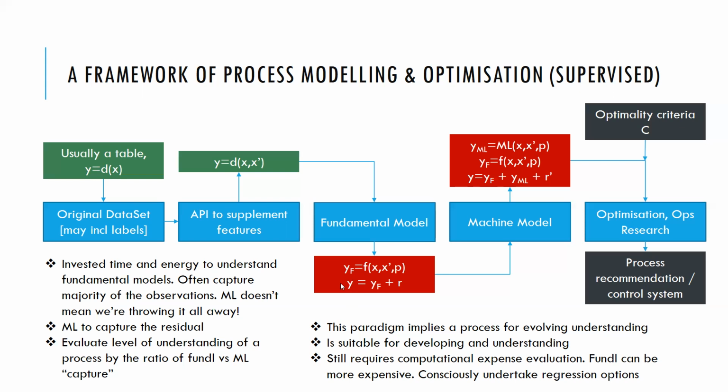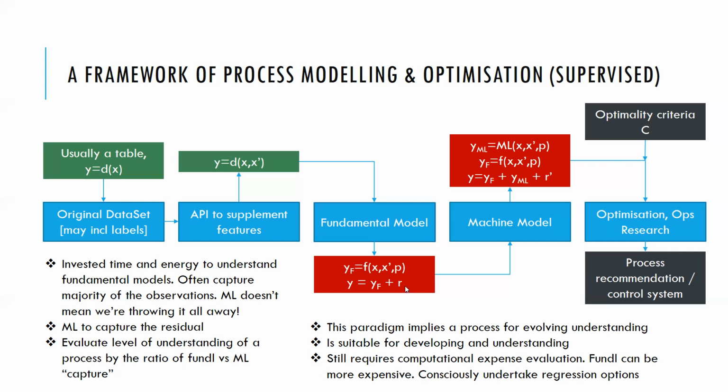So the actual value of y will be the value predicted by our fundamental model plus some residual. There's some leftover piece, some offset from what the model says, because we don't expect the fundamental model to be 100% accurate. It will be based on certain assumptions, and in places where those assumptions are not so good, the prediction won't be so good. So there will be some error or residual left over from the difference between these two.